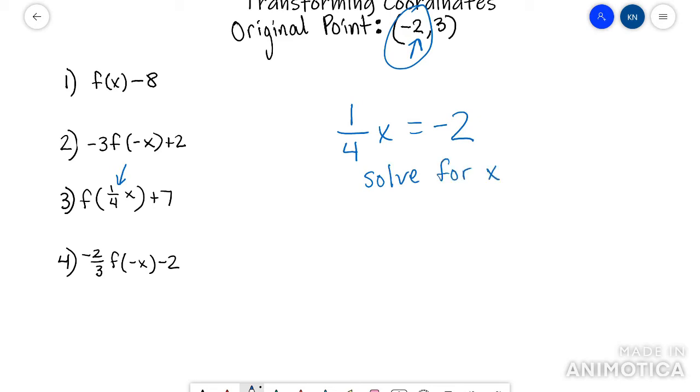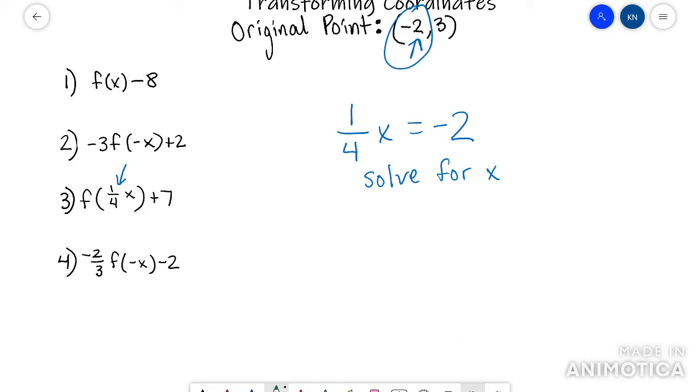So if I was solving this equation for x, I would times by 4 or divide by 1/4, same thing. And so these cancel, and I'm left with x equals -8. So that's how I'm going to be doing the x ones. You take the inside part and you set it equal to your original x of your coordinate.